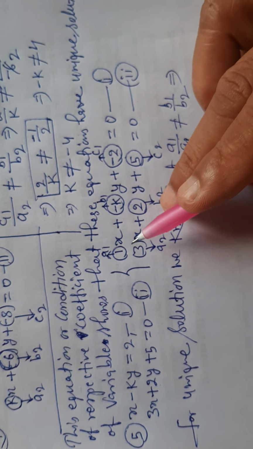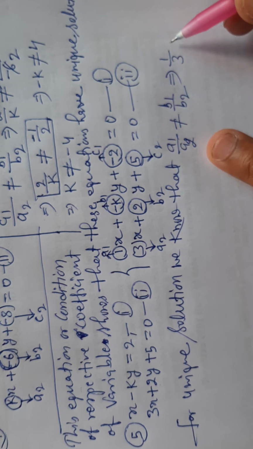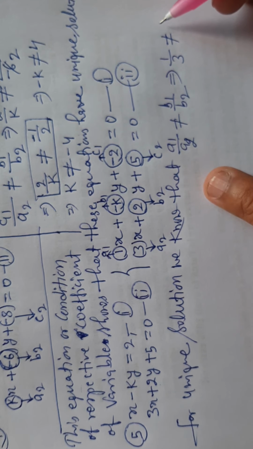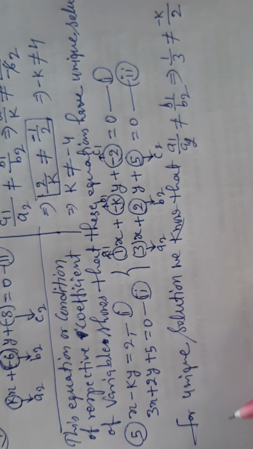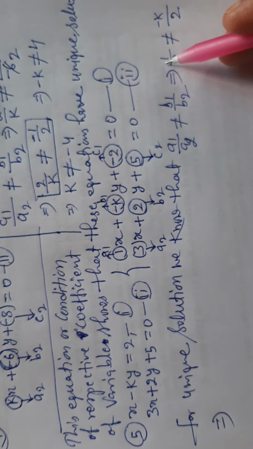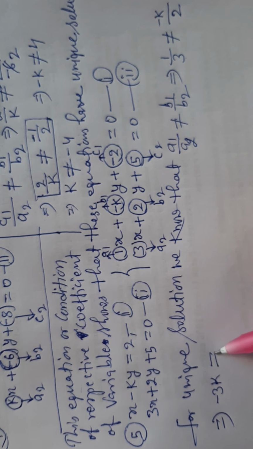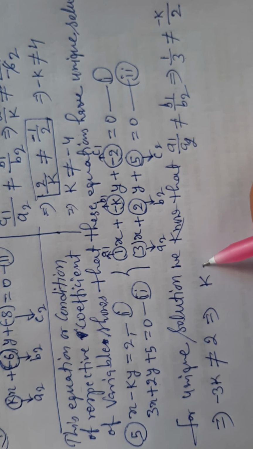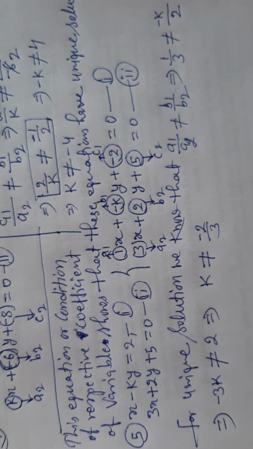The value of a1 is 1, a2 is 3, b1 is minus k, b2 is 2. Now cross multiplication, minus 3k is not equal to 2. This implies k is not equal to minus 2 by 3.